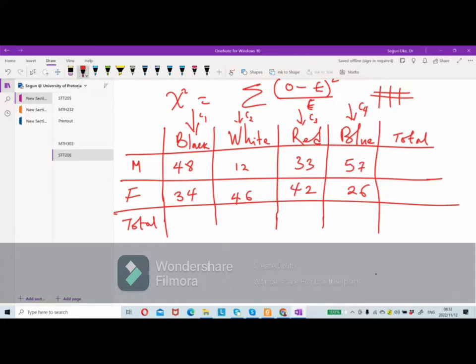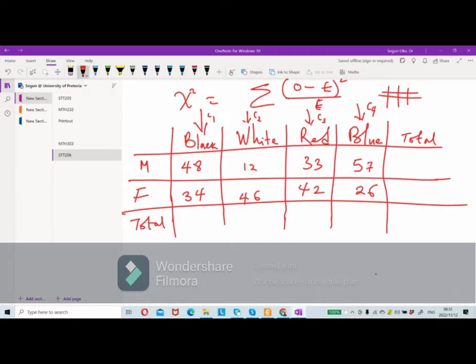Don't forget. But this is the row: row 1, R1, then row 2. Please take note of that. So if I ask you to add row 1, what is the total for row 1?